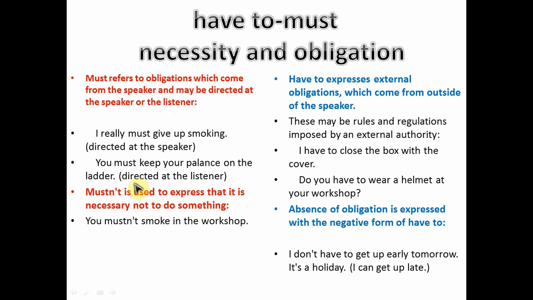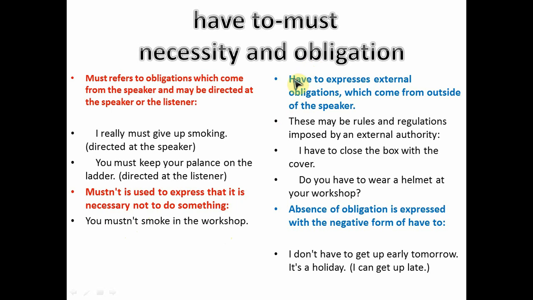I'm talking to the listener. So this one is directed at the listener. So that's when I use must, from speaker to speaker or speaker to listener. Mustn't is used to express that it's necessary not to do something. For example, you mustn't smoke in the workshop.